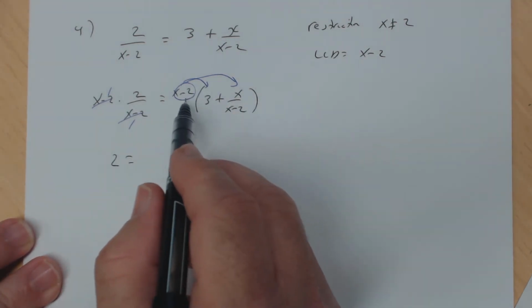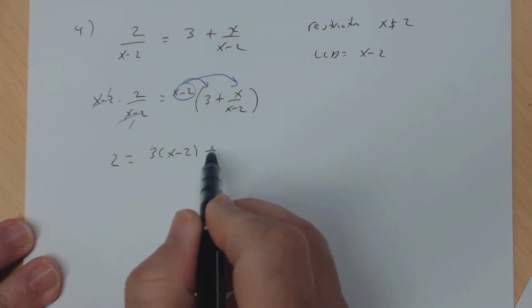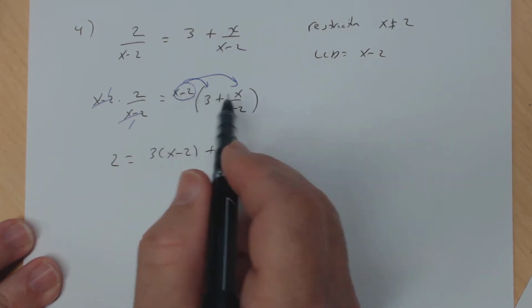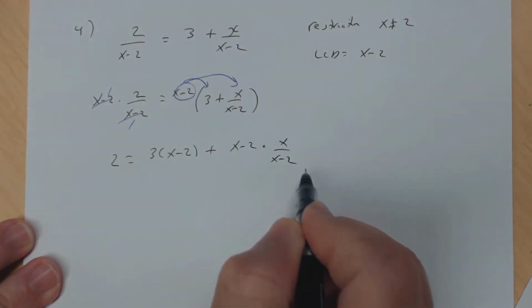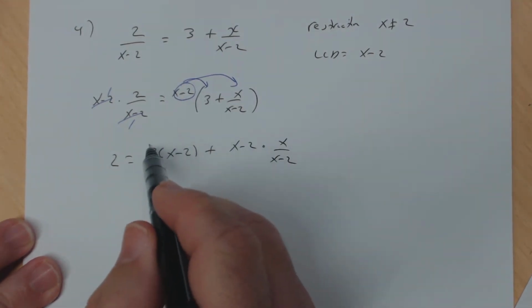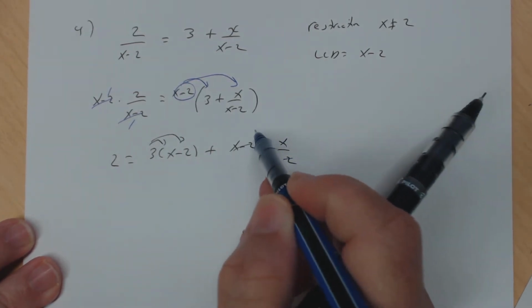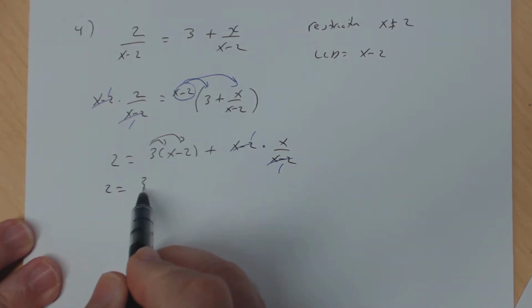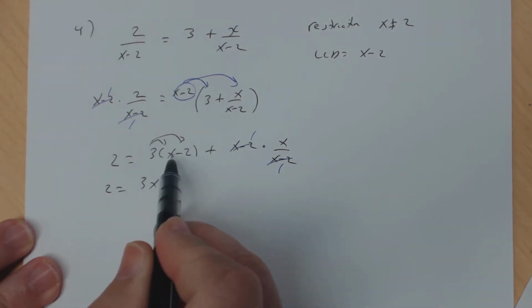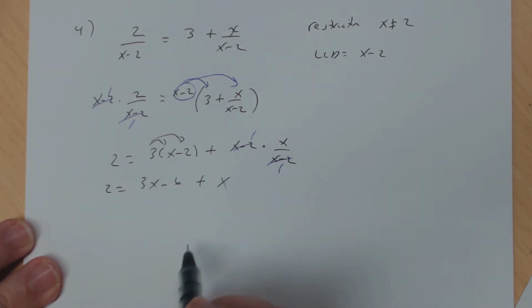Over here, and be careful, you're going to say 3 times x minus 2 in parentheses, plus the LCD times this fraction, x minus 2 times x over x minus 2. Then you distribute here, and over here, you reduce. And so you get 2 equals 3x minus 6. 3 times x is 3x, 3 times negative 2 is negative 6, plus x.